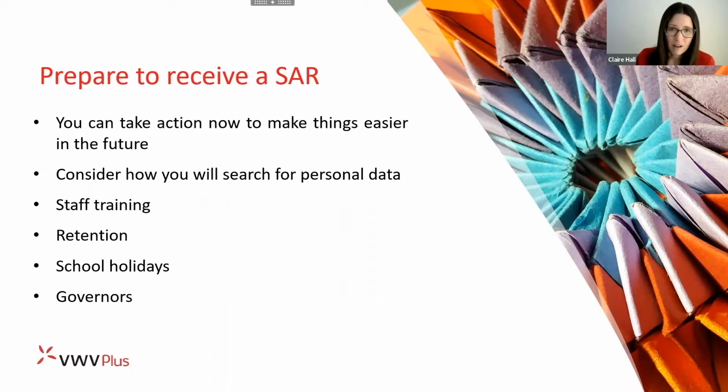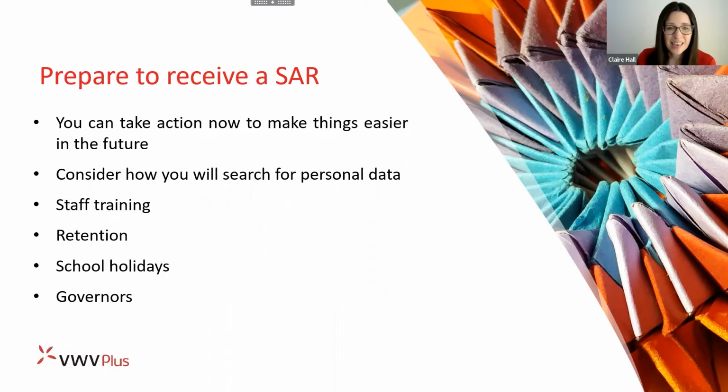If you receive a SAR and you know the governor has been processing personal data that's relevant to that SAR on their personal email account or on their work email account, for example, you do have to take measures to make sure that those accounts are searched. You only have to do that if you have a reasonable belief that the email accounts will hold relevant personal data to the subject access request.